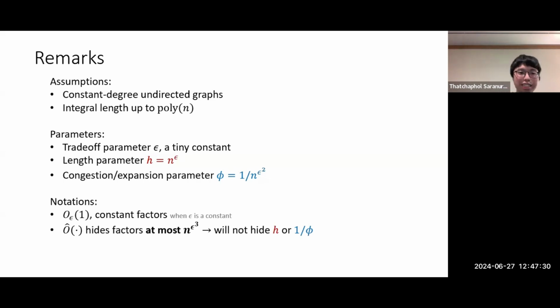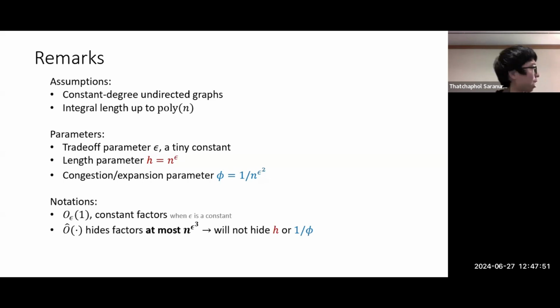So basically in this talk, I will only take care of bounded distance up to n to the epsilon. If you listened to Andy's talk yesterday, using the technique of stacking emulators, you can generalize everything to work for general distance, up to poly n.